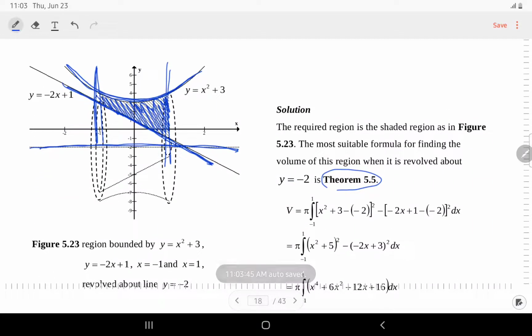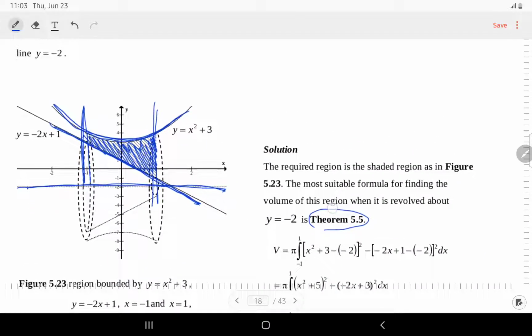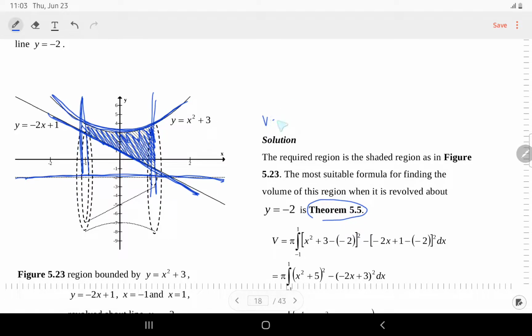Okay, dalam formula teorem 5.5, formula dia V equals pi, integral from a to b of (fx minus k) square minus (gx minus k) square dx. Okay, so this is our fx. Fx is the upper boundary yang ni. Yang mana equation dia ni?